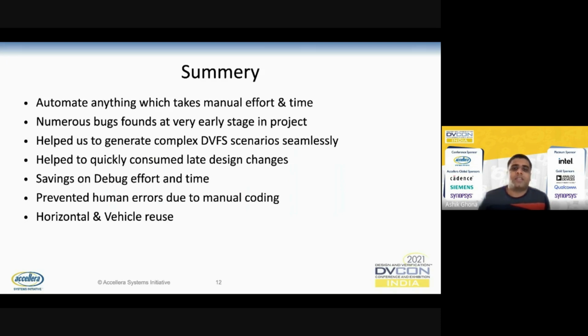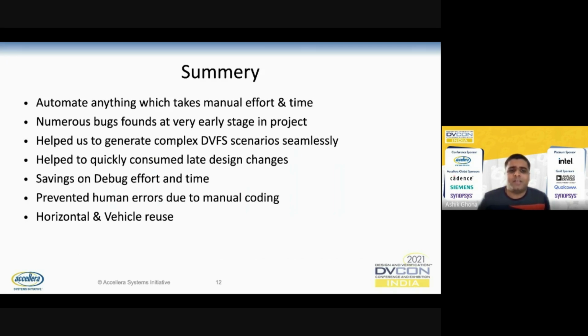During the project, a lot of changes were happening from the architecture side and design side. So it helped us consume those changes in our TB. We never had any need to remove any configurations or register definitions manually. By using this automation, all the sequence APIs, everything, were getting updated automatically.